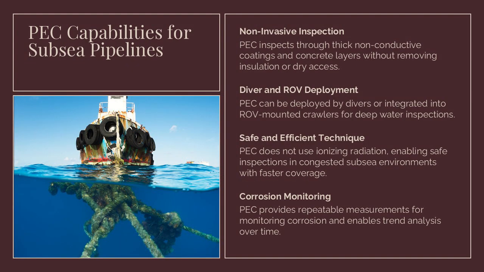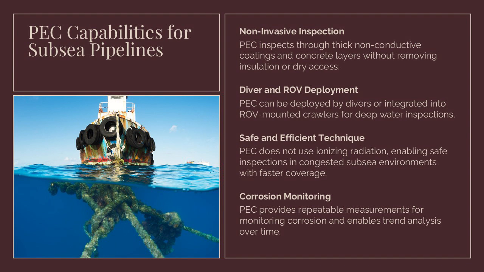PEC offers several capabilities that align well with subsea pipeline inspection requirements. It can inspect through thick non-conductive layers, including coatings and concrete weight coating up to several hundred millimeters, depending on probe configuration. PEC can be deployed by divers or integrated into ROV-mounted crawlers, enabling inspection at significant water depths without the need for dry access or insulation removal.